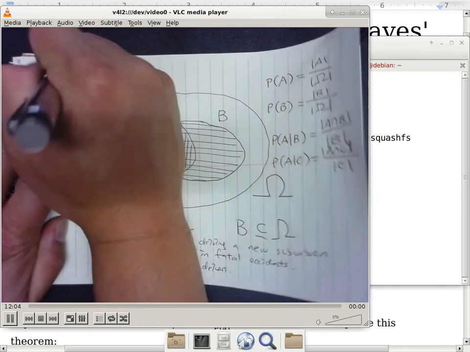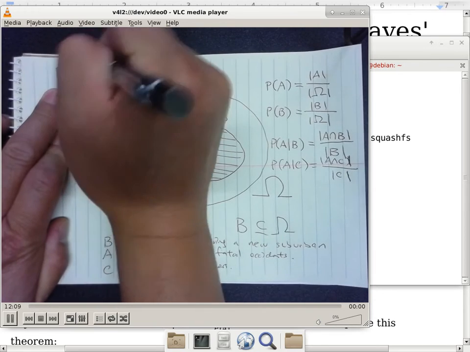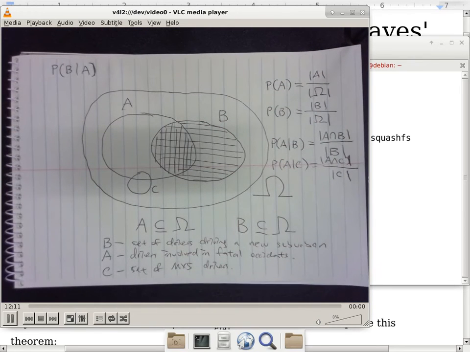Let's take a look at this one here, which is really just a flip side, B bar A. When you look at B bar A, by definition, we know what that means, right?